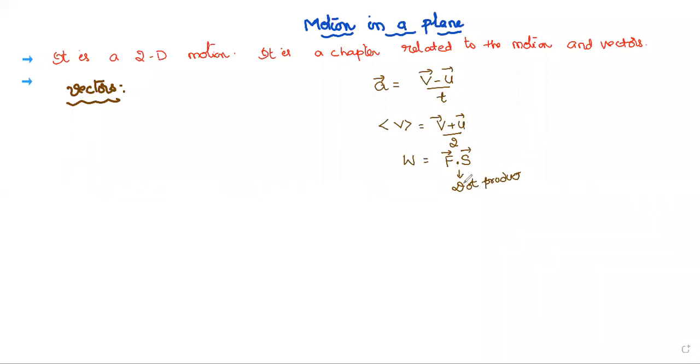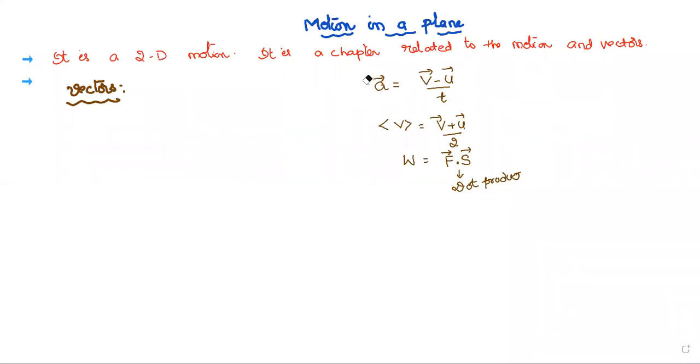In the same way, another product is also there, that is called the cross product. It is not required in the initial days. When we enter into the chapter like the system of particles, that is rotatory motion, there very frequently we use the cross product. That time we will discuss the cross product.